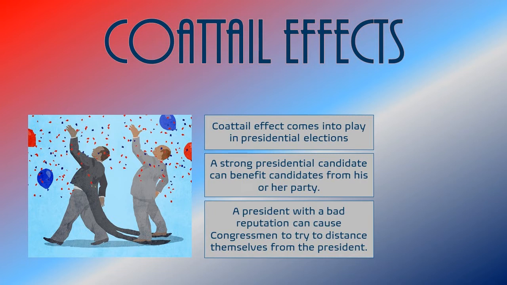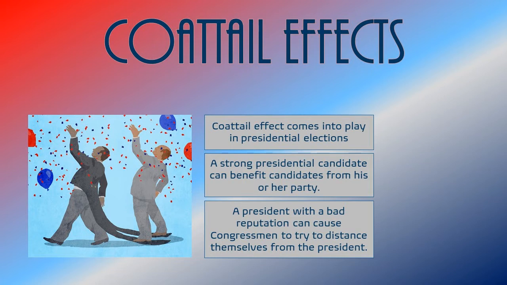So, a very strong presidential candidate will encourage new voters to come out, and they're most likely going to not just vote for president, but they're going to vote for everything on the ballot, and so that helps the congressional members in the presidential candidate's party.